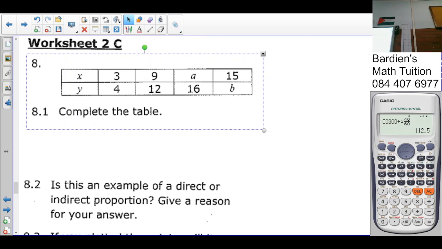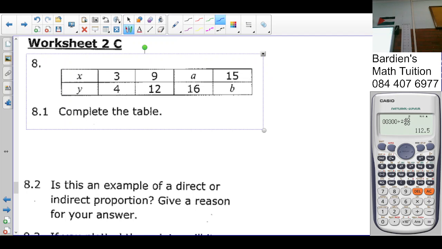So that's not inverse proportion. So, what is 4 divided by 3? 4 over 3. What's 12 divided by 9? 4 over 3. So that's an example of direct proportion. Can you see that?